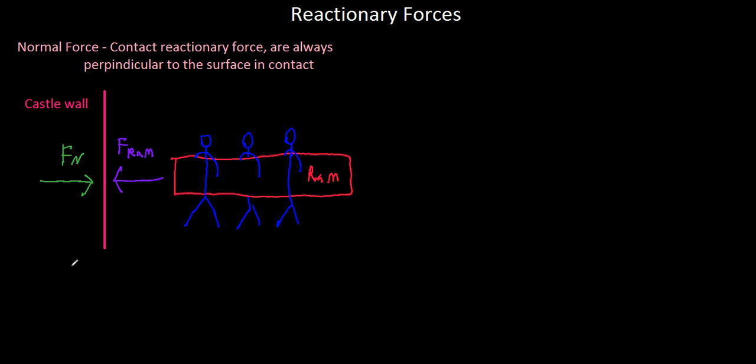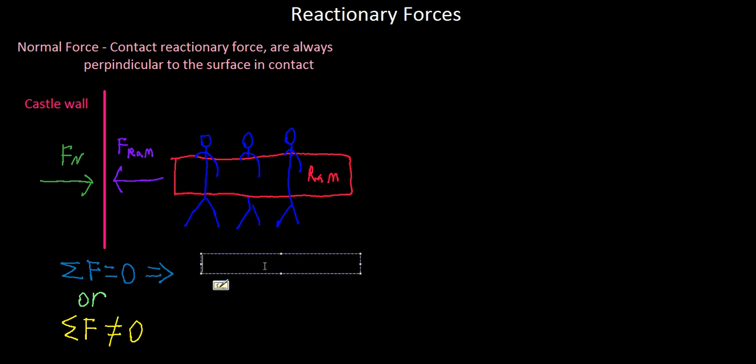We have two options. Either the sum of all forces equals 0, or the sum of all forces does not equal 0. And these are the only two options. So if the sum of all forces equals 0, what it implies, what it tells us, and I'll go ahead and get my text box out to write this out, is everything is static.